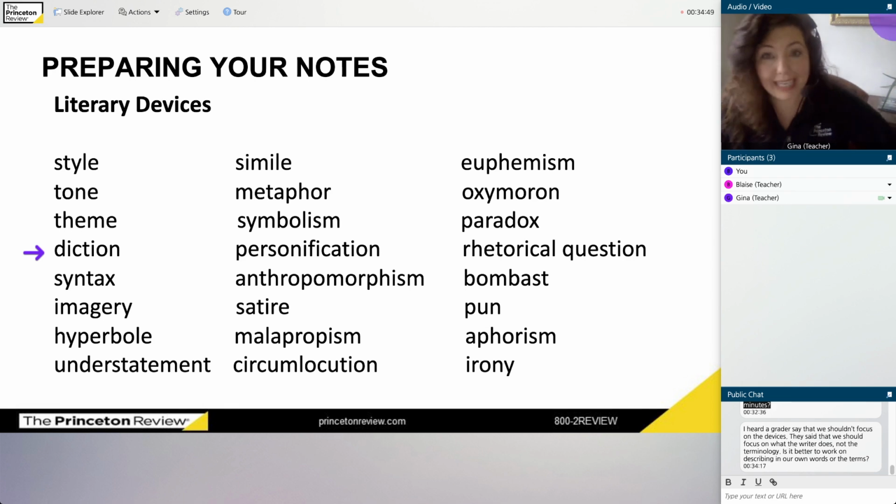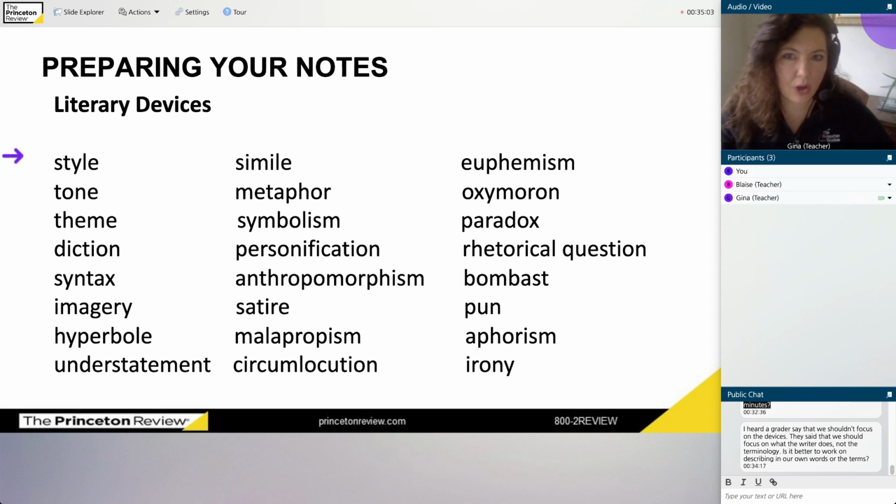So you might not see any metaphors, you might not see any anthropomorphism, but I bet you're going to see diction. I bet you're going to see some imagery. So a lot of these terms are really useful. So I'm going to disagree with whoever told you that. I'm going to say all of these terms are useful and you should add them to your notes. Why not, right? If you have open notes, you might as well have everything available to you. So that's my first slide.